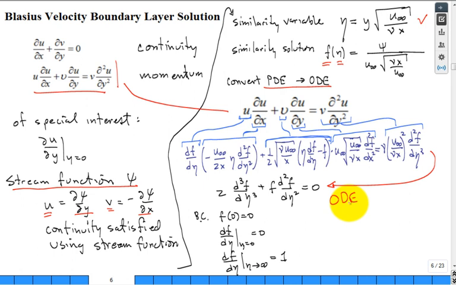I didn't come up with it, Blasius did. You then have to transform those boundary conditions so that you have one at eta equals 0, and the derivative at eta goes off to infinity. Those come from those boundary conditions that we just talked about. Now I have a third order ordinary differential equation, and it's nonlinear. Look at this term. I have an f times an f double prime.